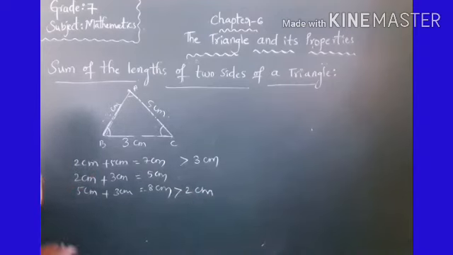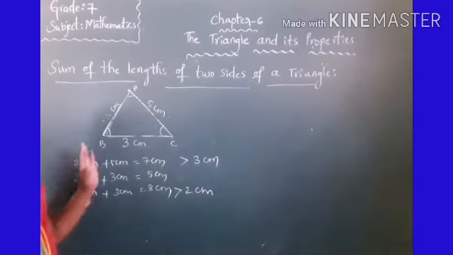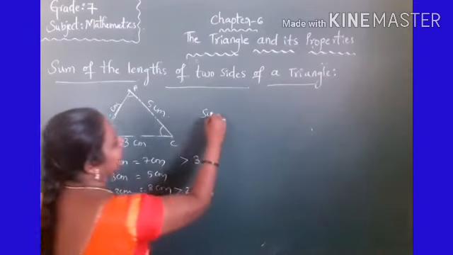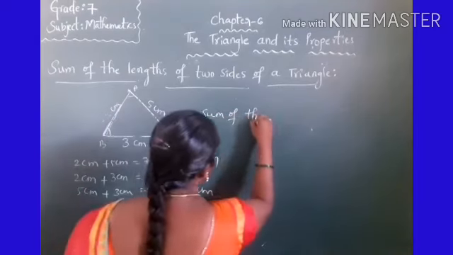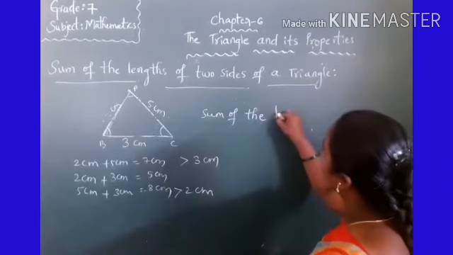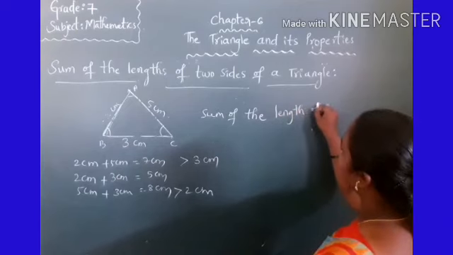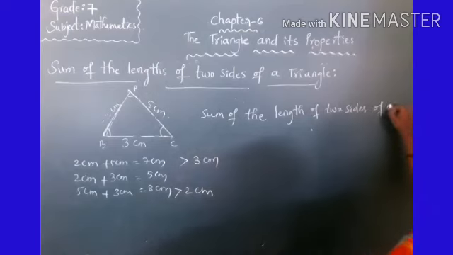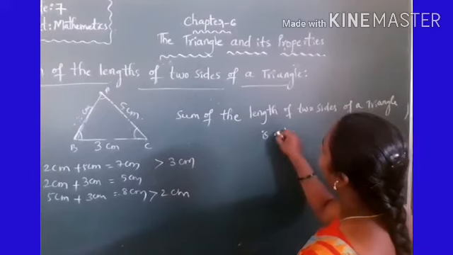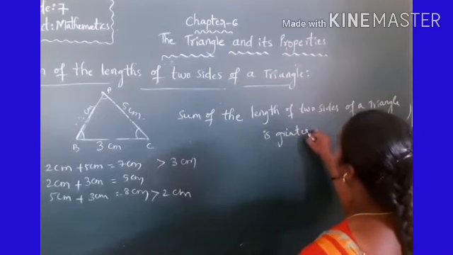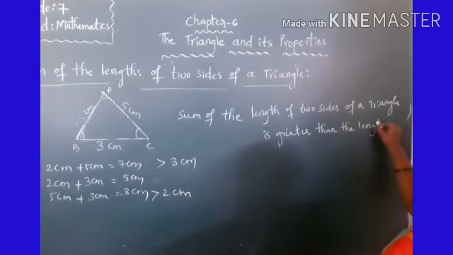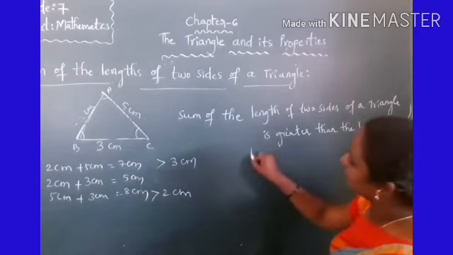So the thing you have to observe here is that the sum of the lengths of any two sides of a triangle is greater than the length of the third side.